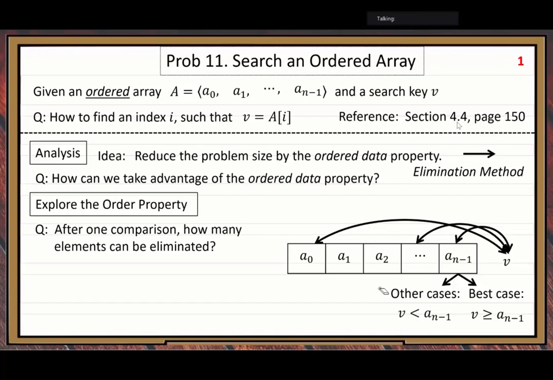But if you just solve the best case or a non-worst case, then I do not believe you can solve the whole problem with that number of comparisons.